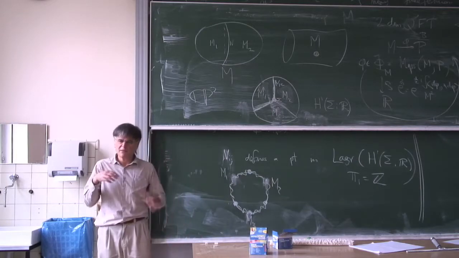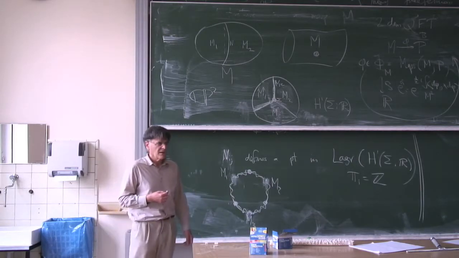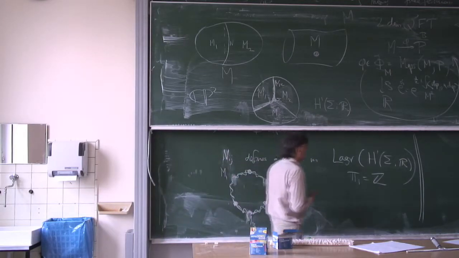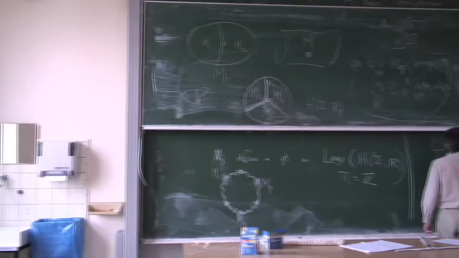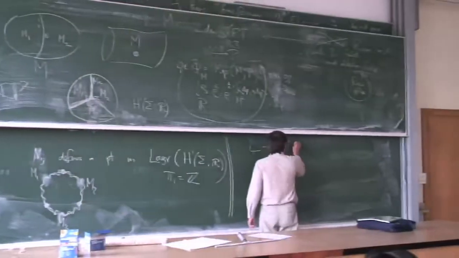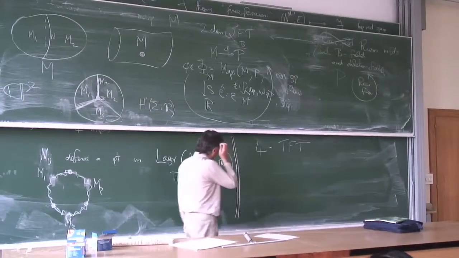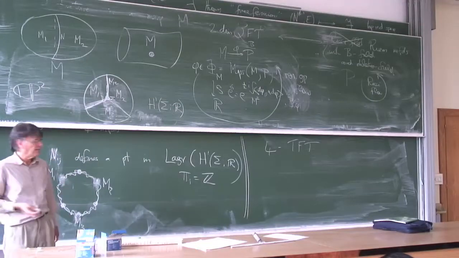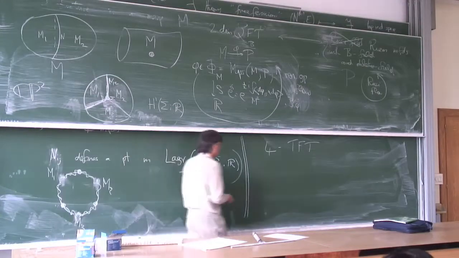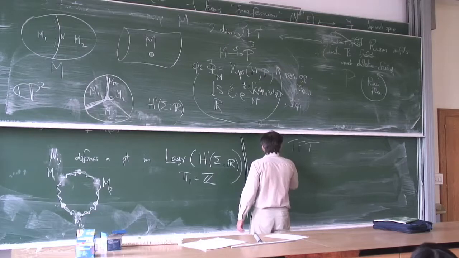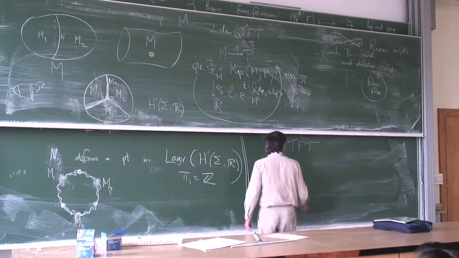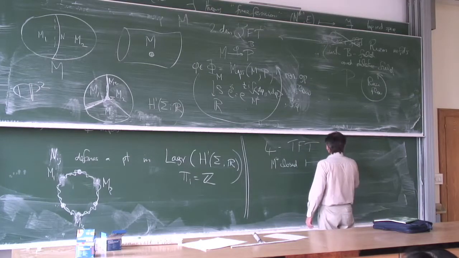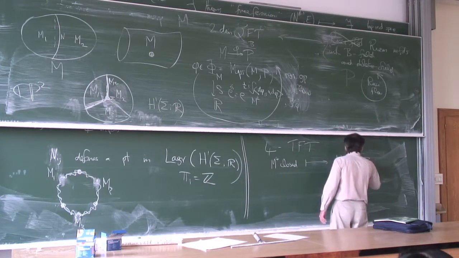But let me try and say it in a slightly different perspective. So I want to tell you a formalism in which to do this. So we want to talk about four-dimensional topological field theory. To a closed four manifold, which is going to be written additively, we're going to give some number m, which is an integer.